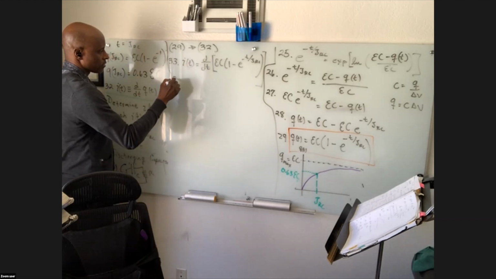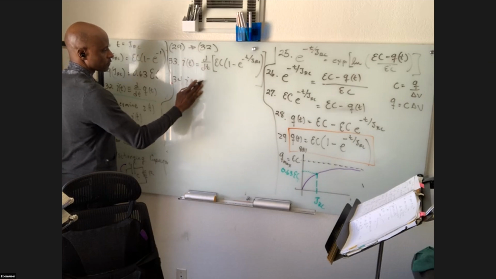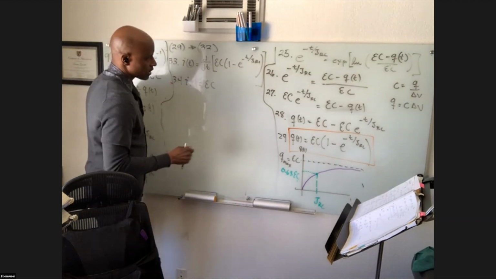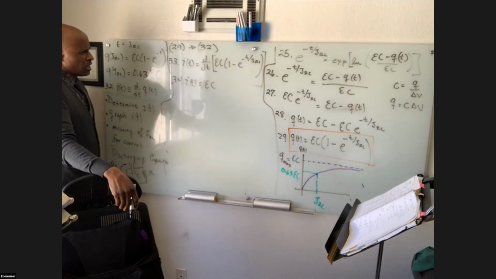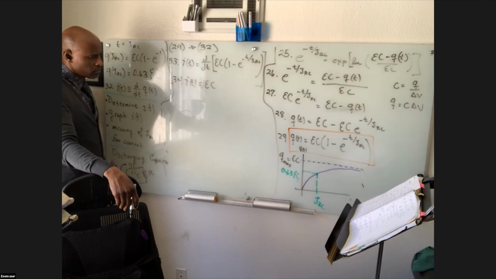The derivative of 1 is 0, and then the derivative of minus e to the minus... Derivative of e to the x is e to the x, right?